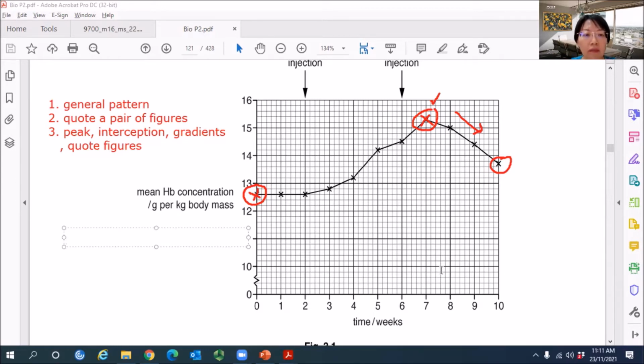What does the curve show? The mean hemoglobin concentration. What about the x-axis? From week 2 to week 7 it increases, then 7 to 10 it decreases. So that means how are you going to put into words?